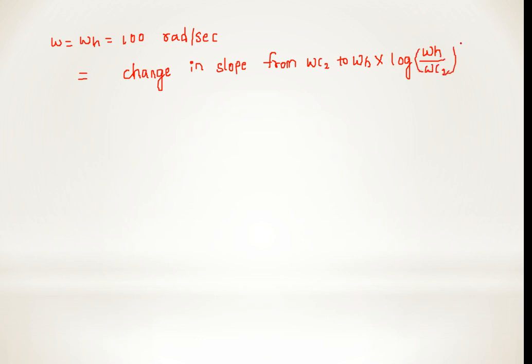So here also we have to take the change in slope from omega c2 to omega h, that is multiplied with the log function of the higher corner frequency omega h by omega c2, and this total will be added with the magnitude at omega equal to omega c2.